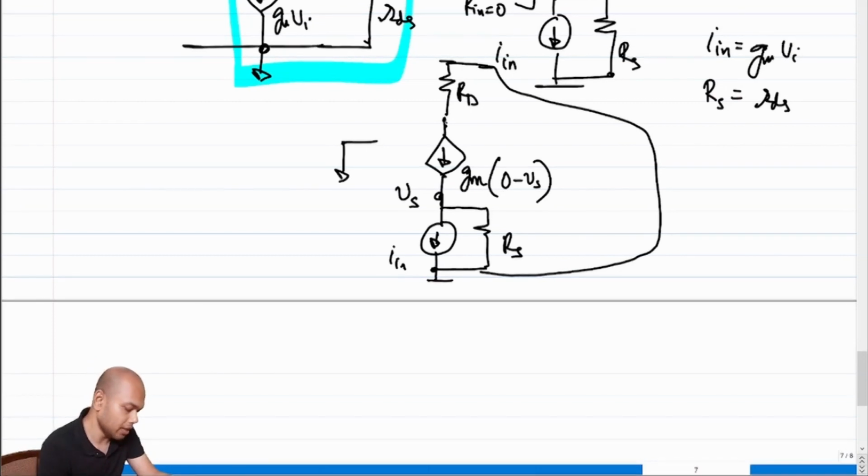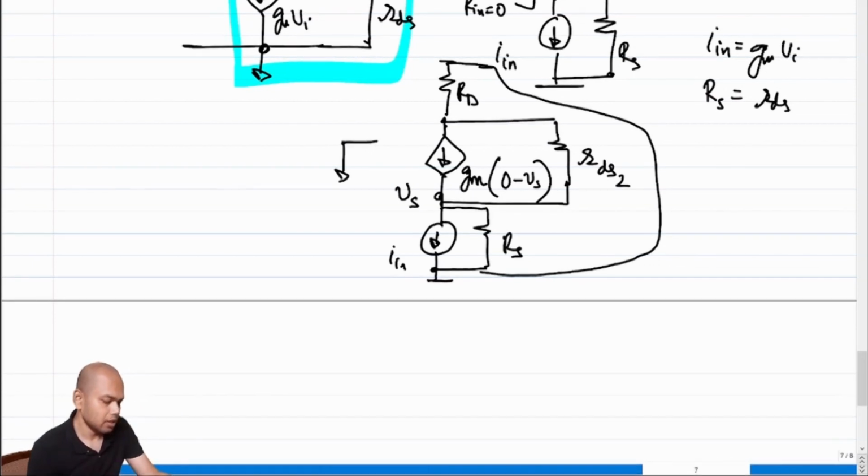There will be an internal resistance to this as well. Let's call this RDS2. The RDS2 will be connected between the drain of the current buffer and the source of the current buffer. It's not between drain and ground, it's between drain and source.